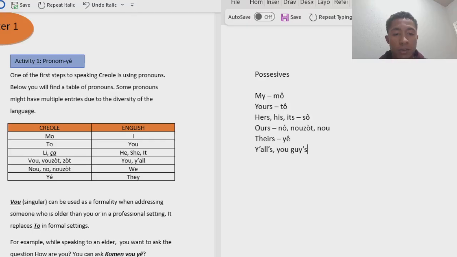I'm not from the north. But y'alls, and the formal you, yours. So for y'alls, you have vos. Or just like with nous autres and nous and no, you can also say vous autres or vous, or even zot.